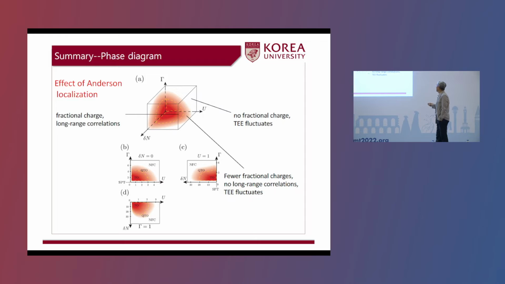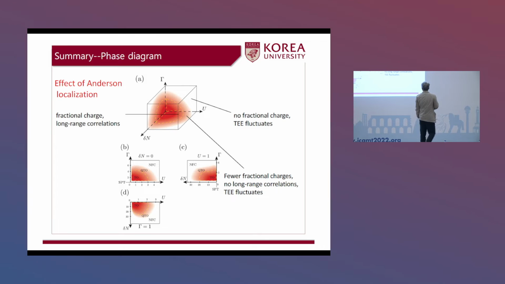Inside this yellow volume, fractional charges are well defined, and there are long-range correlations between left and right zigzag edges. In this blurred region, you have fewer fractional charges, and there are no longer long-range correlations.